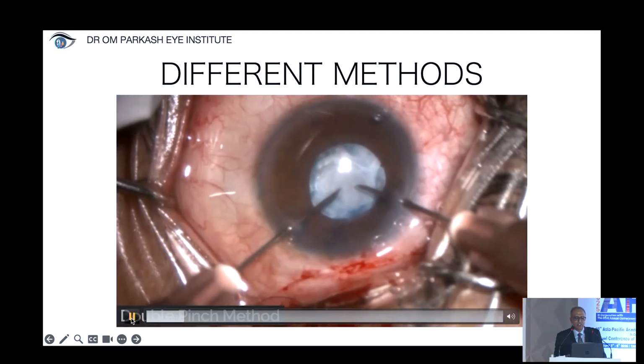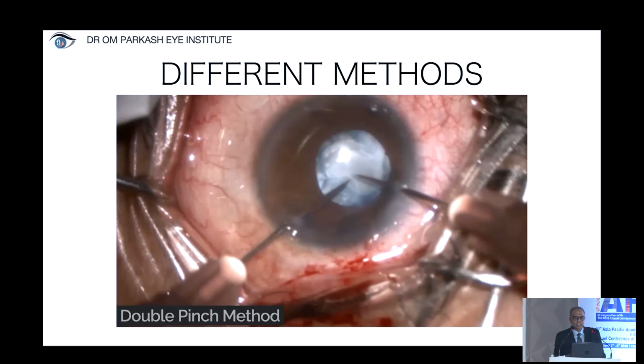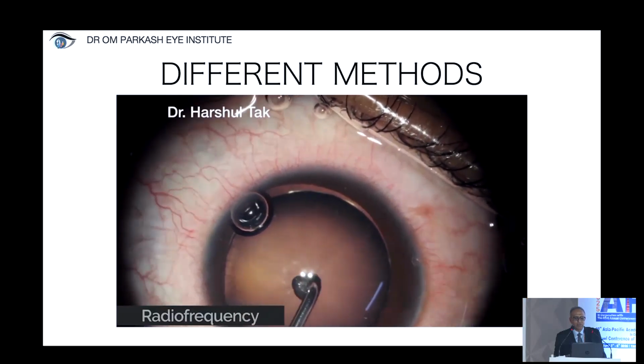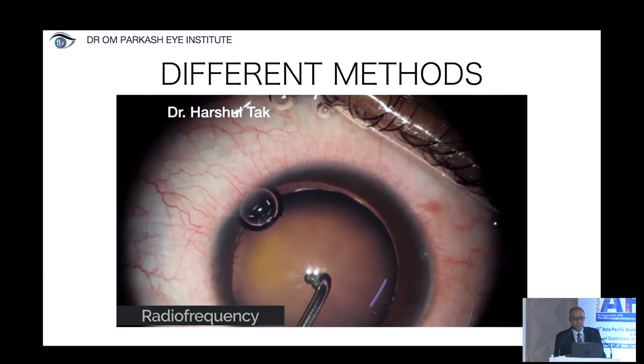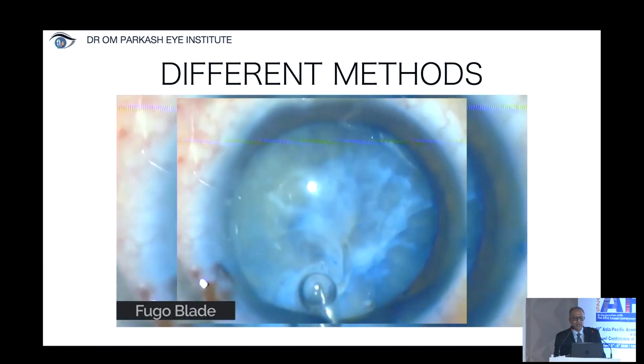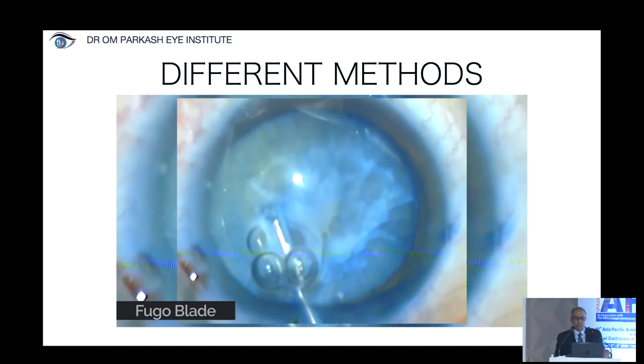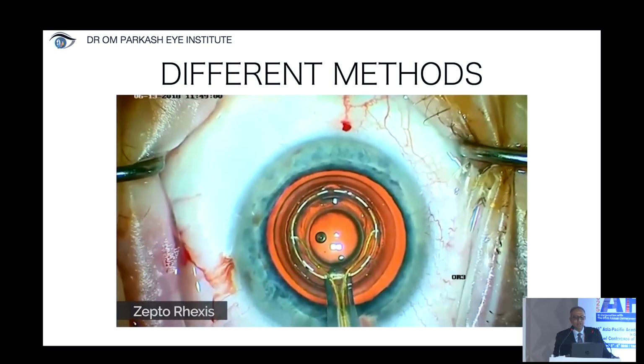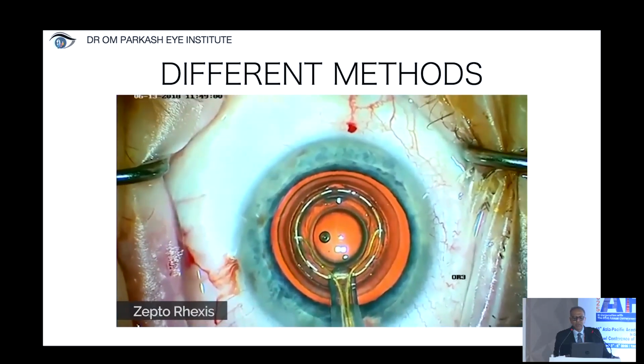It's a double pinch method which is being used to initiate the rhexis. So that is one way. This is the radio frequency by Herschel Tuck, courtesy him. He uses this to create a rhexis. Then Fugo blade can be used. I don't know how many of us have Fugo blade. Zeptorhexis can be done, and you can do a Femto too.